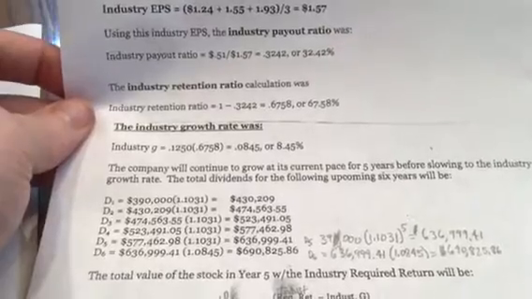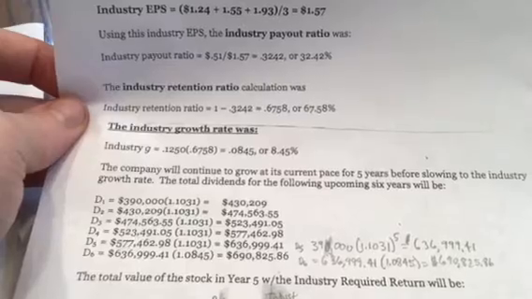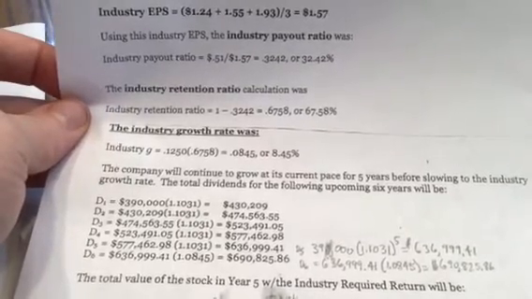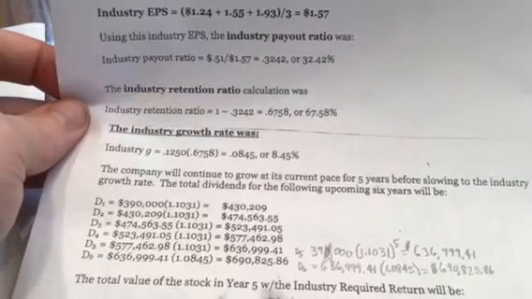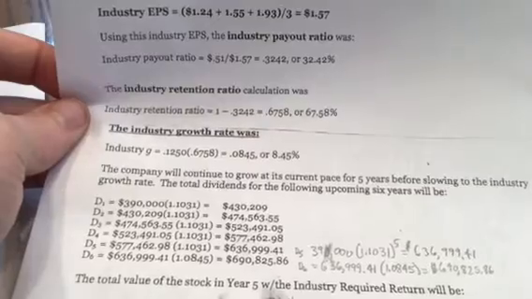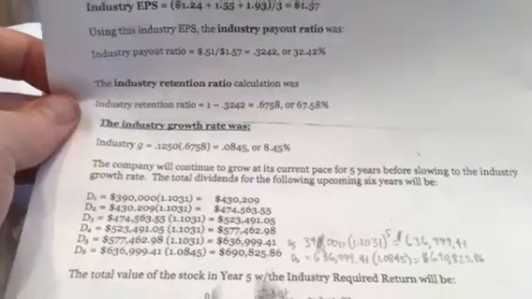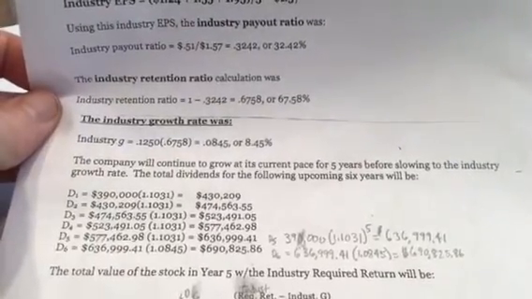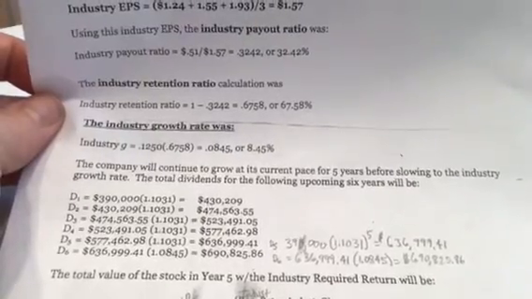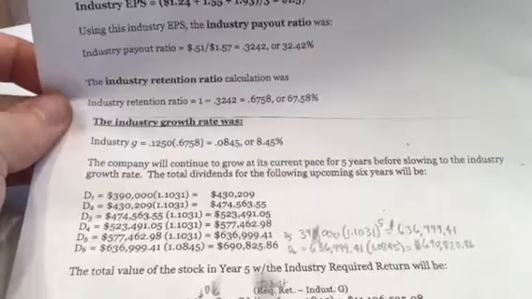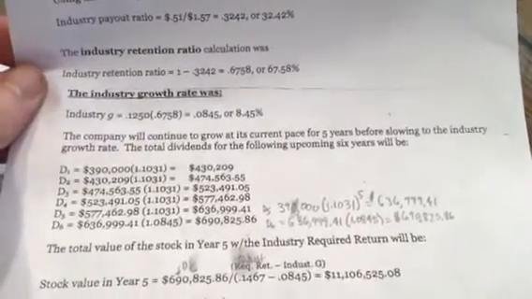Then, with our growth rate originally, we have our dividends, and we multiply by 1.1031 to the fifth power to calculate D5, and then we calculate D6. We take D5 and multiply it by our new industry average growth rate, and we get 690,825.86.